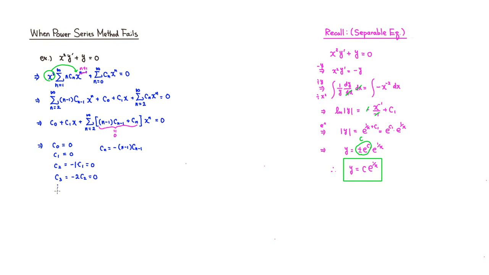You can see that every Cn in this case is going to be 0. Since all the coefficients are 0, the only solution you get is y equals 0, a trivial solution, instead of the solution which is supposed to be y equals a constant times e to the 1 over x. So this is an example where the power series method fails to produce a non-trivial solution.